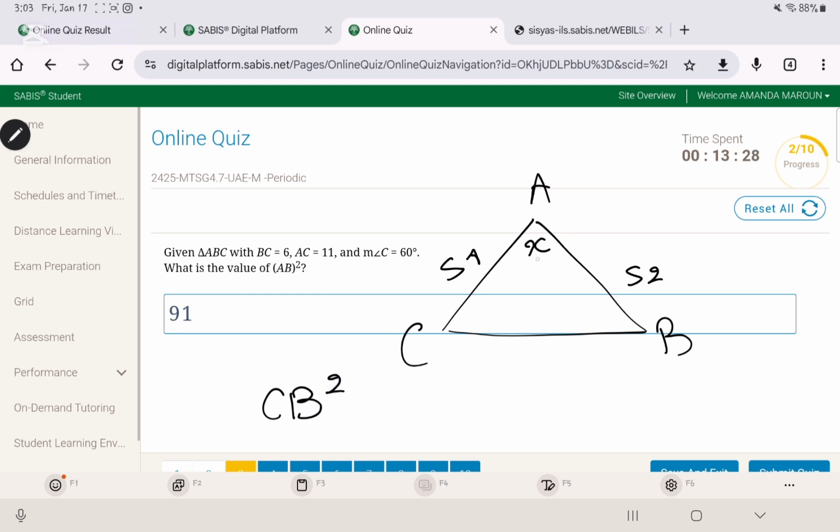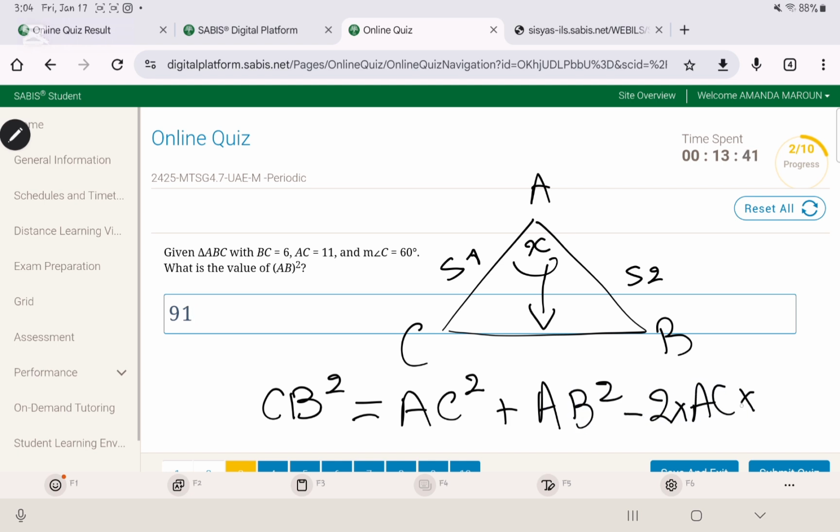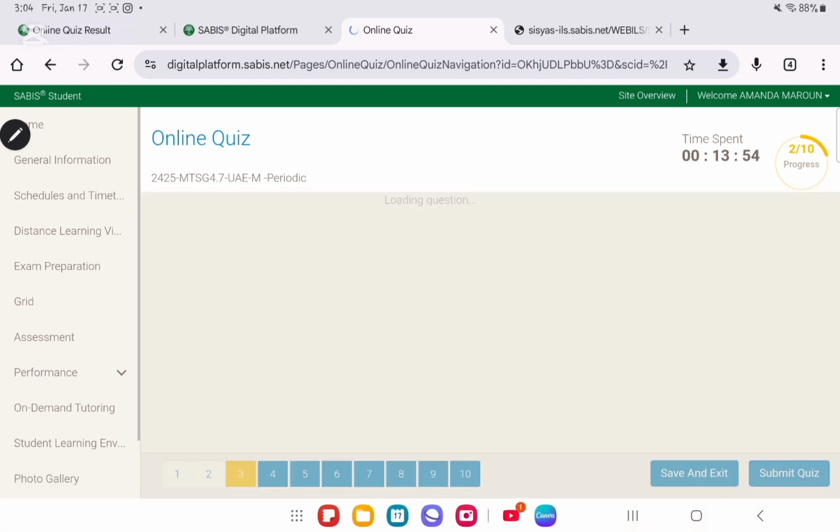So CB squared, which is the opposite of this angle, is equal to AC squared, which is side 1 squared, plus AB squared, which is side 2 squared, minus 2 times AC times AB, so minus 2 times side 1 times side 2, times cosine of the angle x. And please memorize this rule, you will be using it a lot.